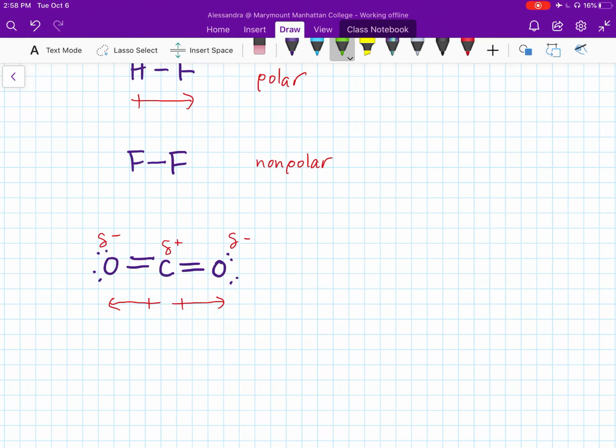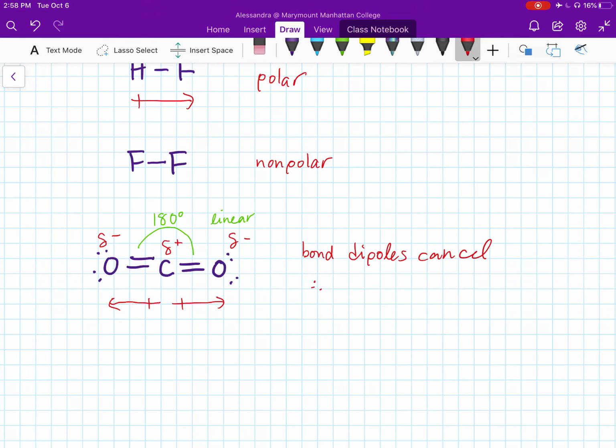Since carbon has a substituent number of 2 and no lone pairs, it's going to be a linear molecule with a 180-degree bond angle. Because of that linearity, these bond dipoles here are equal in magnitude but opposite in direction. So they're actually going to cancel each other out. So even though it has polar bonds, those bond dipoles cancel each other out.